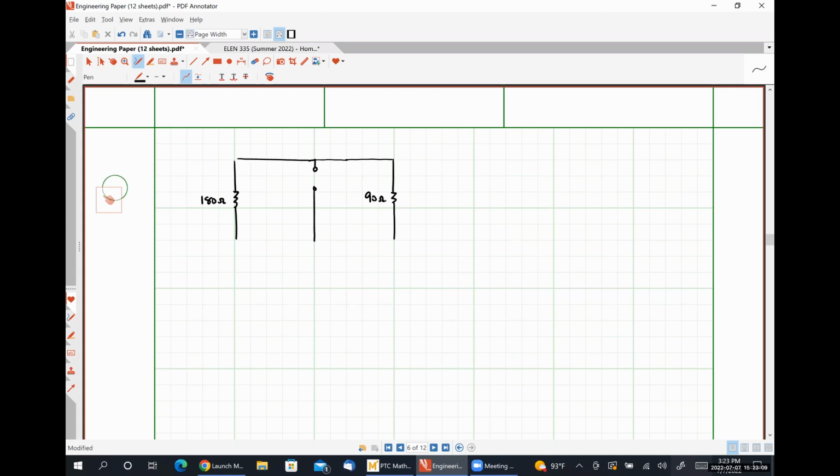Here we have our 90 ohm resistor. Here we have our 50 ohm resistor. And here we have our 11/5 millihenry inductor. So right from the jump, we know that our equivalent inductance LEQ is 11/5 millihenries. We already figured that out much earlier on in the problem.